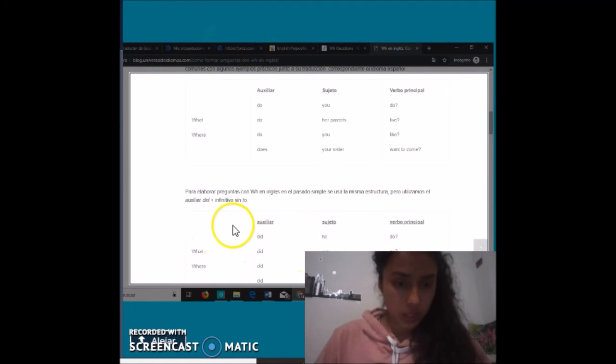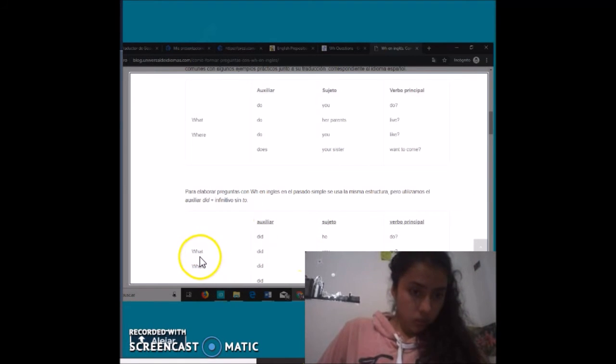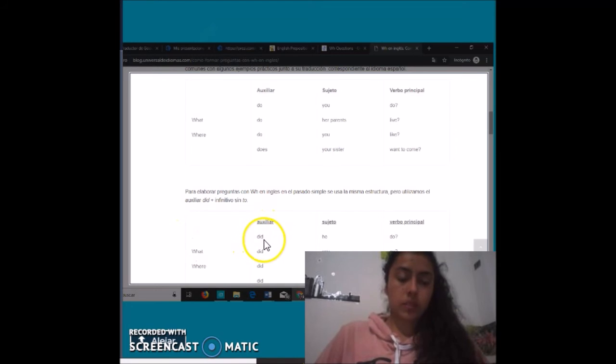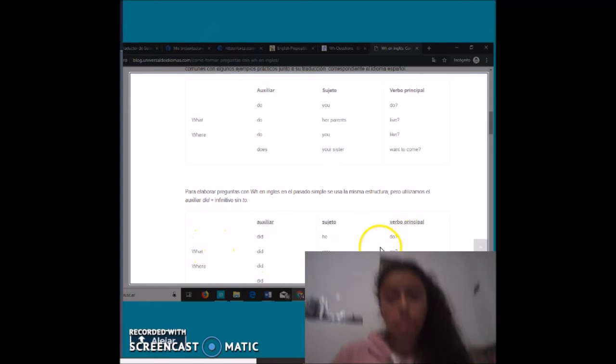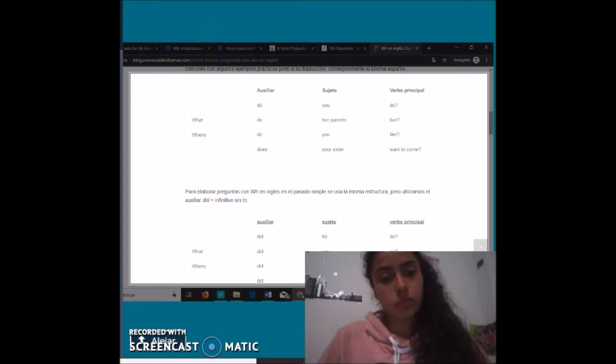Here we can see the WH question, auxiliary did, because it is in the past, subject, and verb. What did he do? This is the structure for past and present.